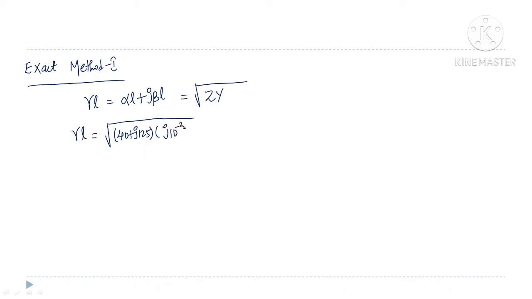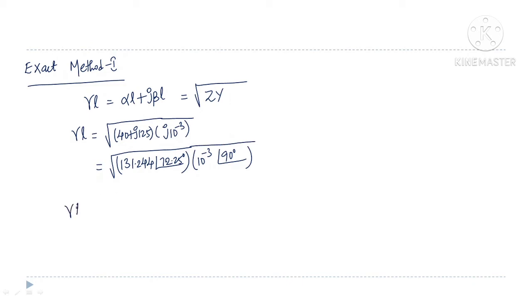But to do this with the calculator, you need to convert these two into polar form. If you convert the first into polar form, you will get 131.244 at an angle 72.25 degrees, multiplied by 10 power minus 3 at an angle 90 degrees.